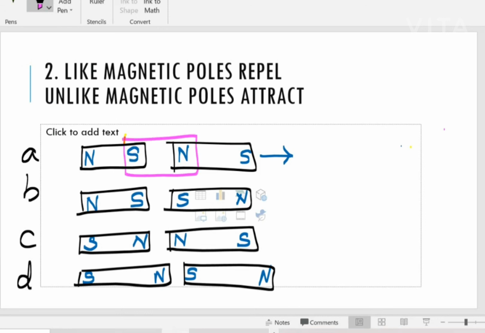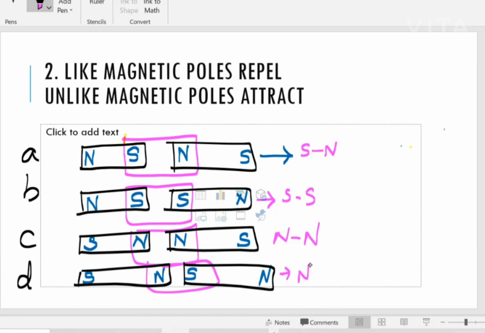So what are the directions closer here? South, north. Here what are the directions closer? South, south. Here what are the 2 directions closer? North, north. Here north, south. Okay, now we got all the directions which are kept closer between these 2 magnets or magnetic pairs.